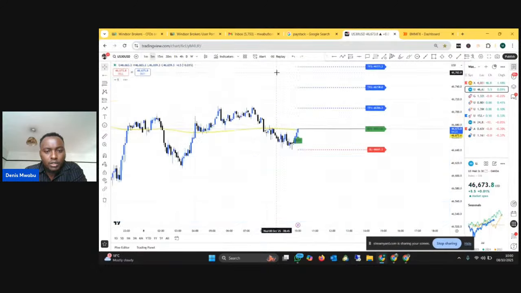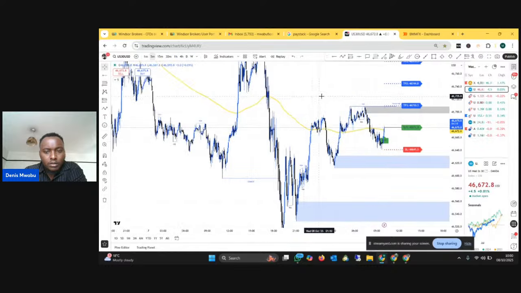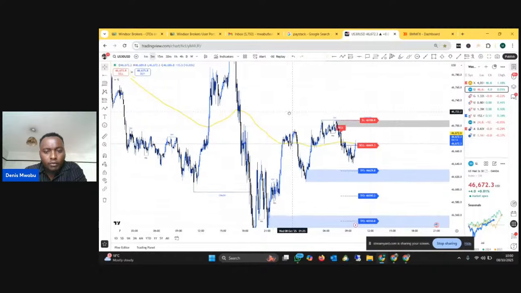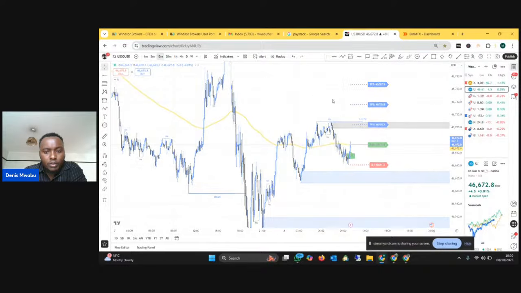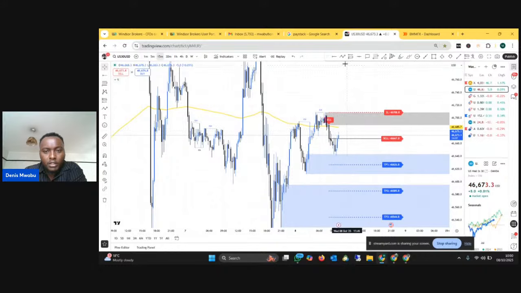So let's see what will happen with this particular one. You see the way it's coming, pushing from this area and then buying.